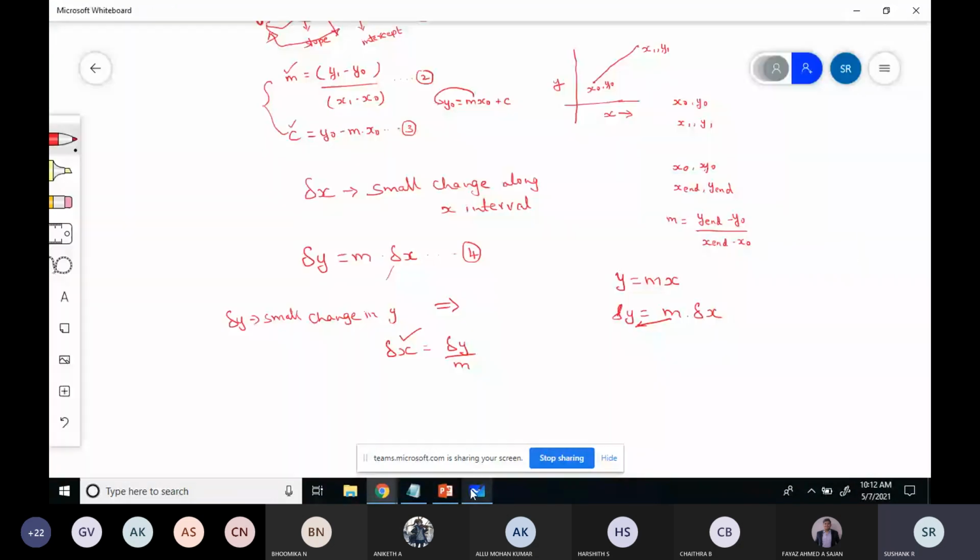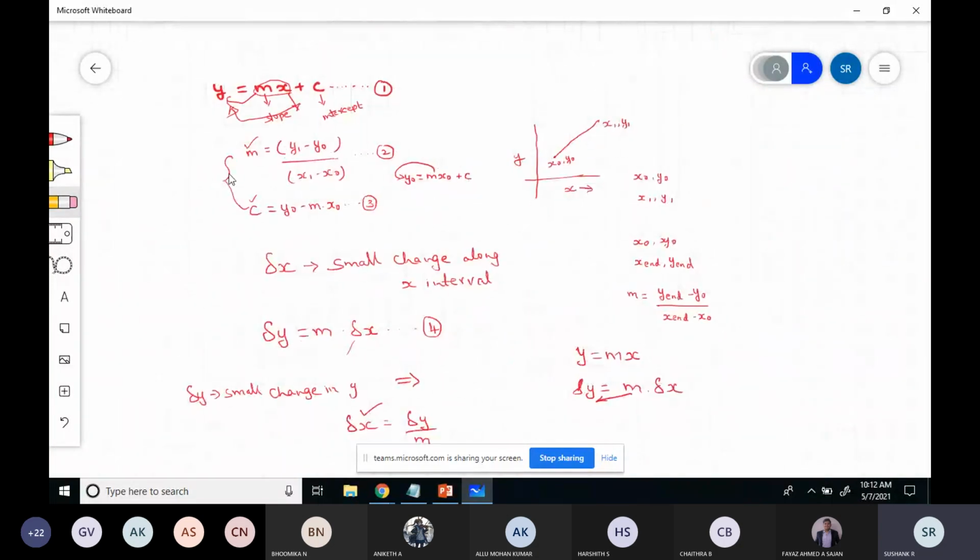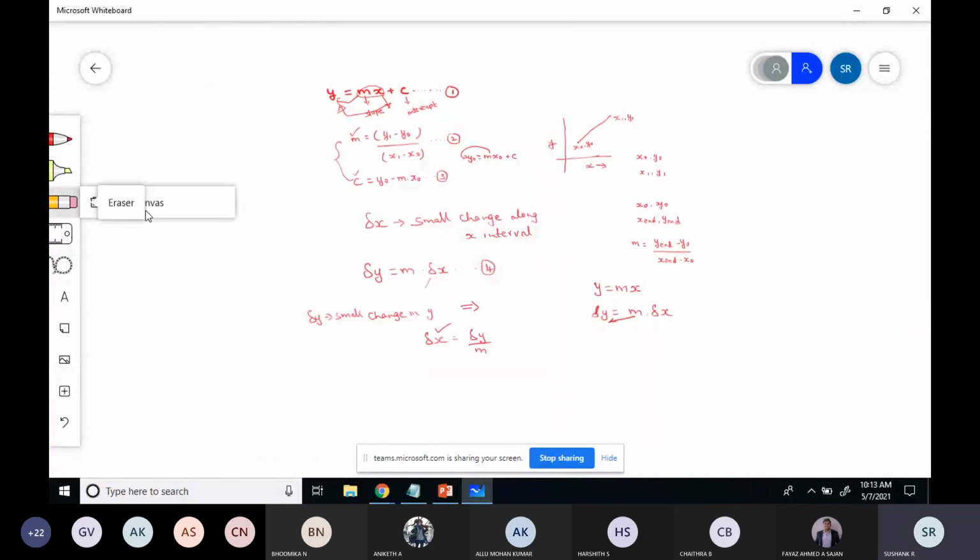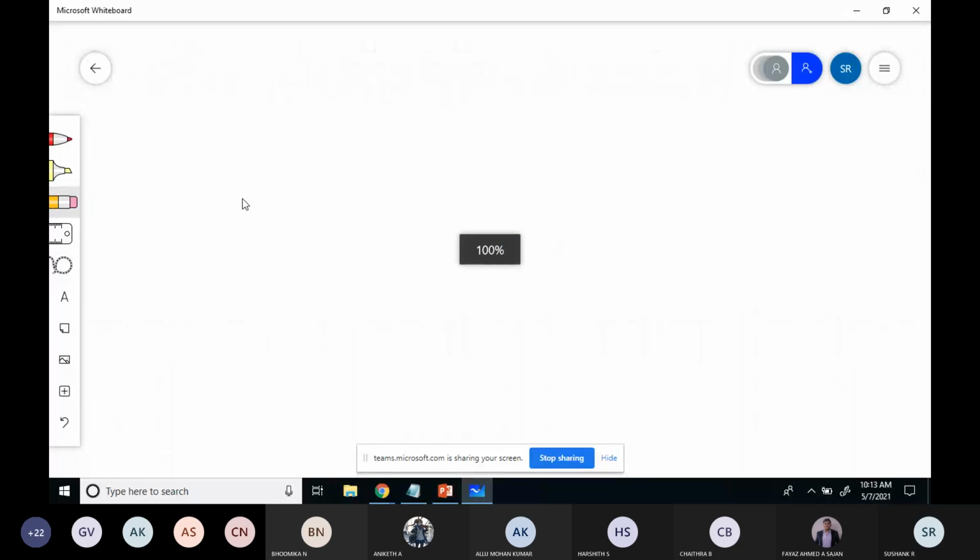Okay, from these points, you should know some 5 equations. So what are those? I'll just write those 5 equations. Just clear the canvas. So what are the 5 equations?